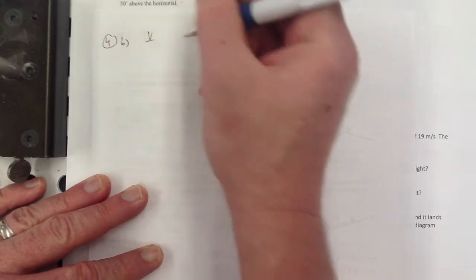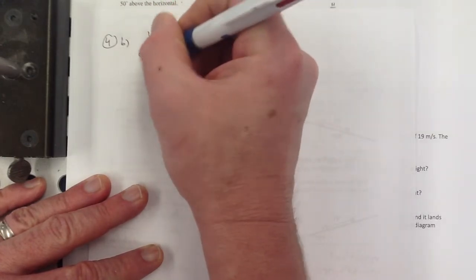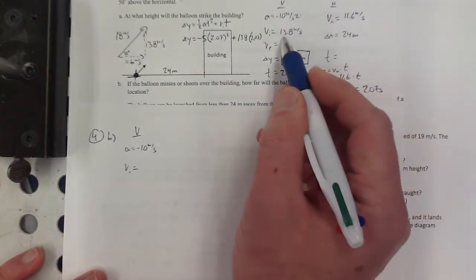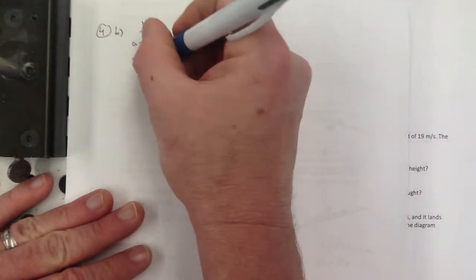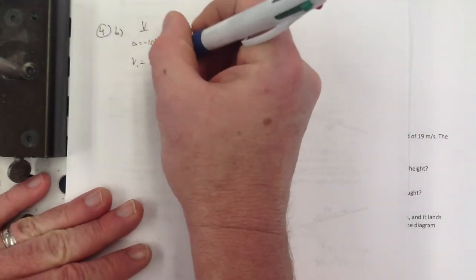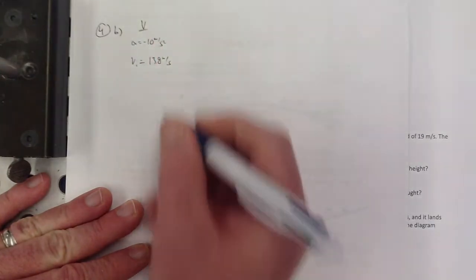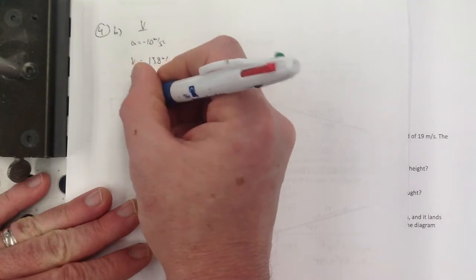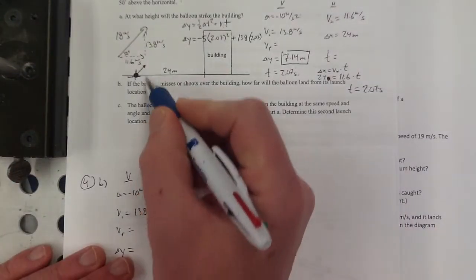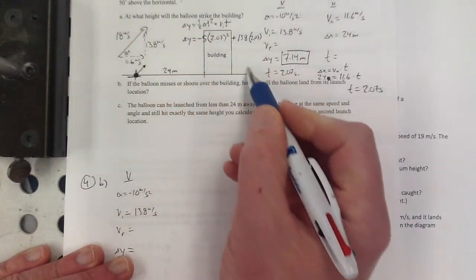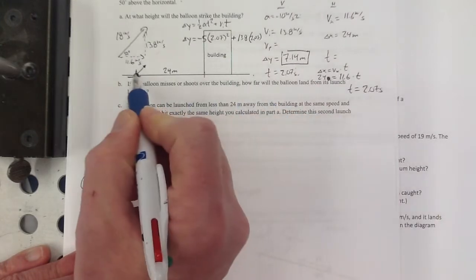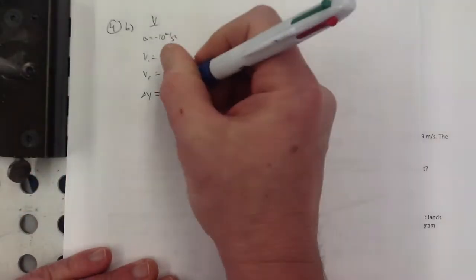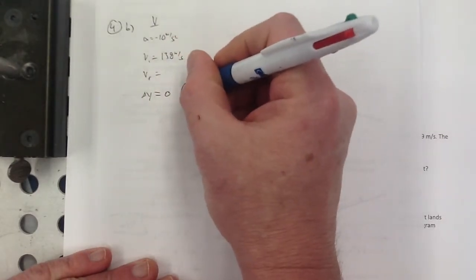I have the vertical stuff is going to be acceleration is -10. Initial velocity is the same. We got the square there. And my delta y, if we're talking about going from here and missing the building and getting back to the ground, that's from ground to ground, that is a delta y of 0.